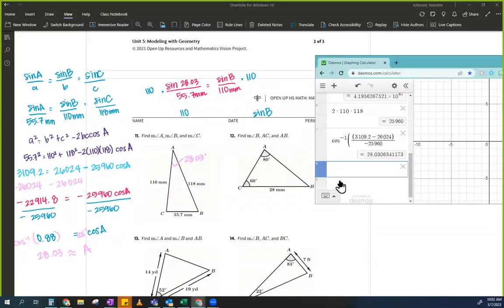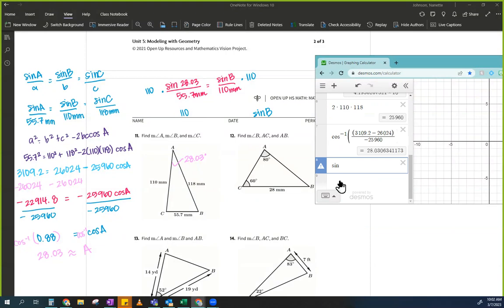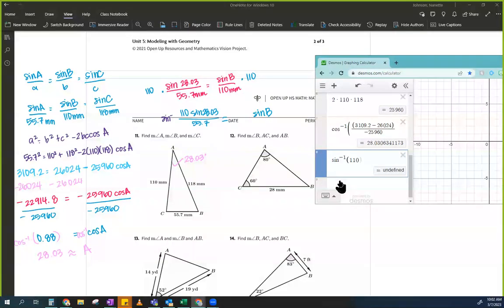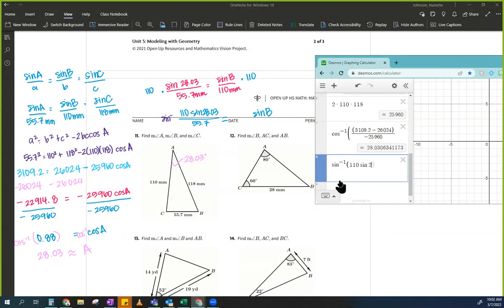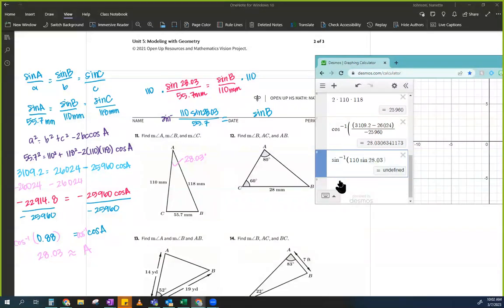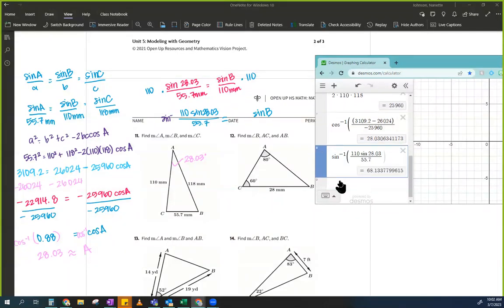So here I would use sine inverse. So sine to the negative one of, and I do big parentheses here, right? So I have 110 sine 28.03, divided by 55.7.